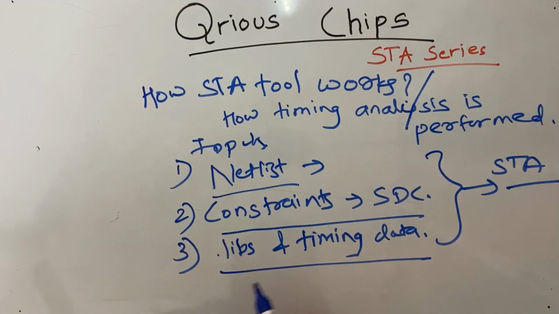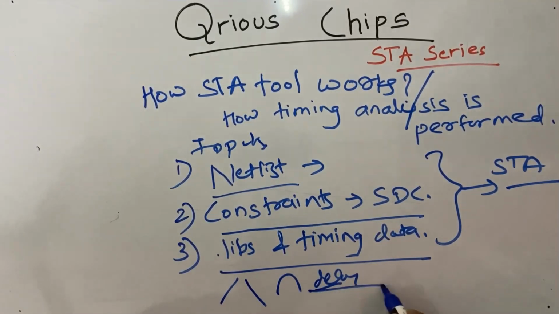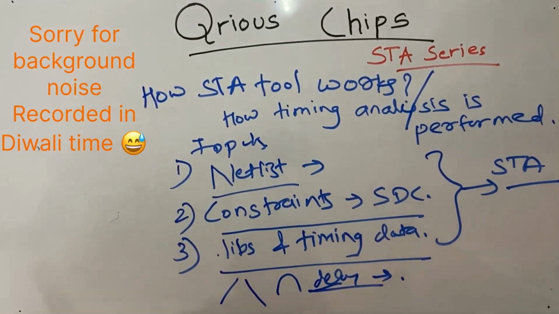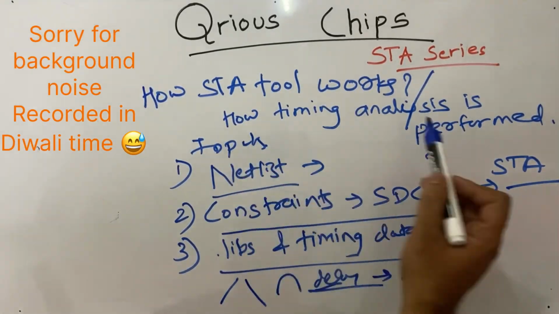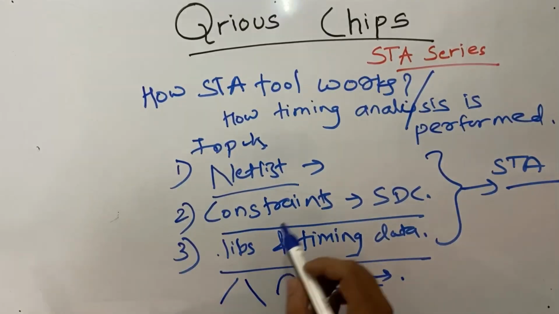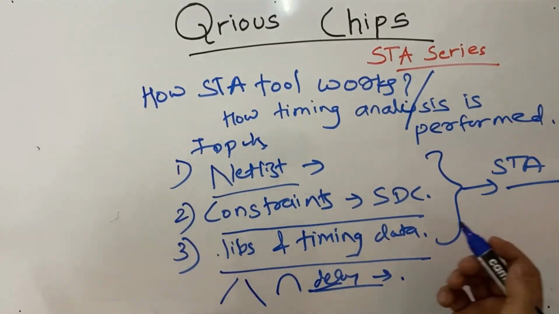And what does the .lib timing data consist of? Rise time, fall time, functionality of the cells, total delay of the cells, all the timing data related to delay. So when performing the STA, these are the inputs and requirements to go further.